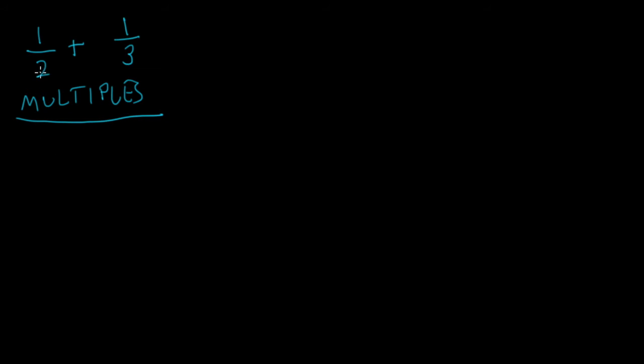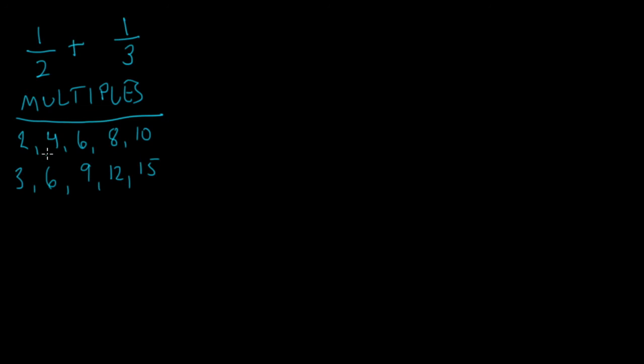So if we skip count by 2, we have 2, 4, 6, 8, 10. And then let's skip count for 3: 3, 6, 9, 12, 15. And this could go on forever, but usually it's a good idea to just do maybe 3 to 5 at a time. Really 3 at a time is good because you might get a match.